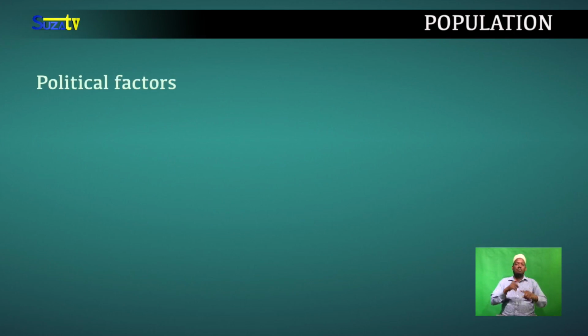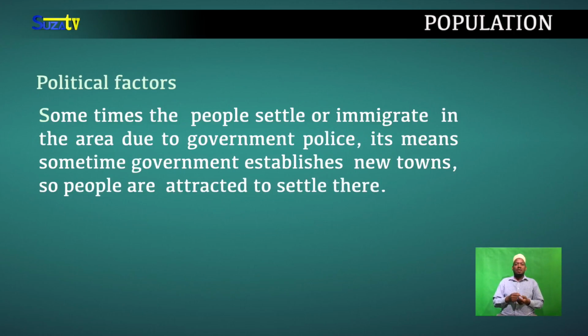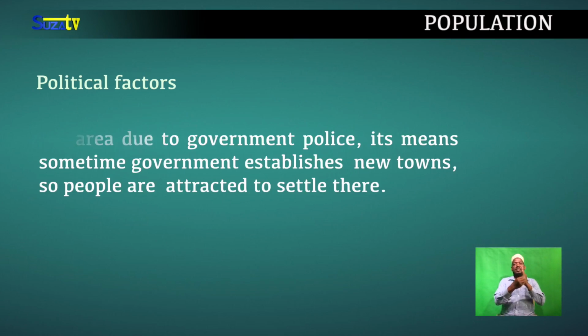Another factor is political factors, as I mentioned before. Sometimes people settle or immigrate to an area due to government policy. This we can say is a political factor, because the government is led by political leaders.